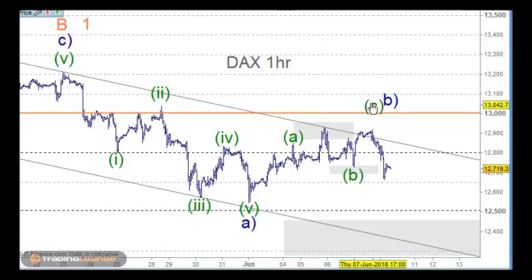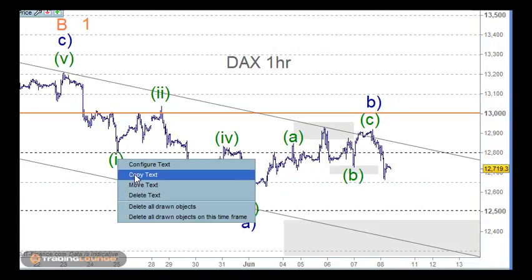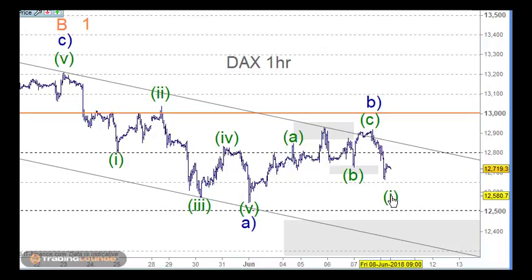Little 5 waves here, so we have to bring it in here as wave C of B. So our next move now we'll be looking at copying that for wave 1, and then back for wave 2 here, and then down for wave 3, 4 and 5 further down there. That's okay.